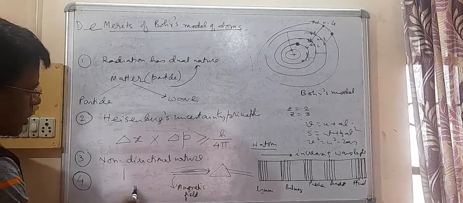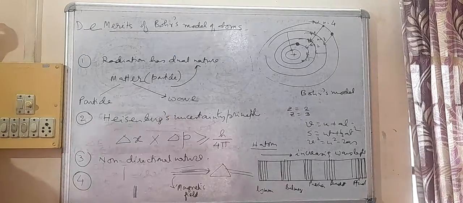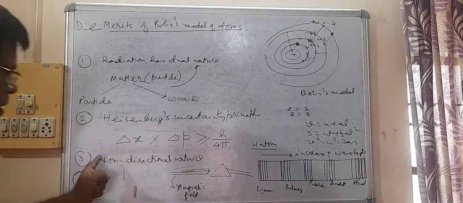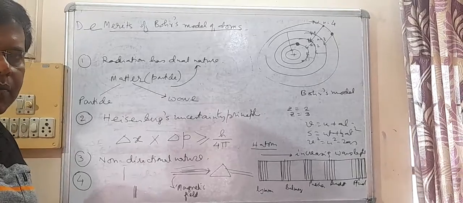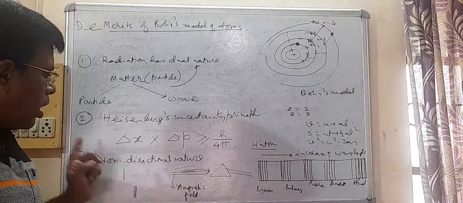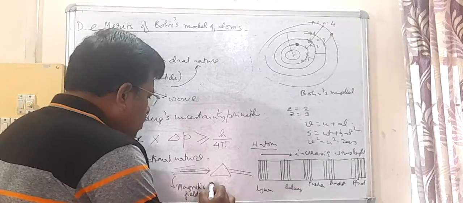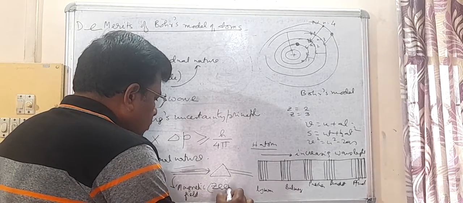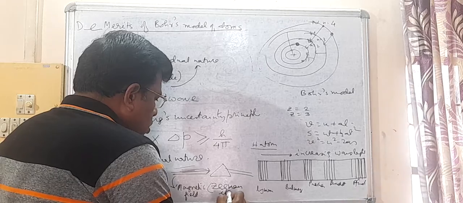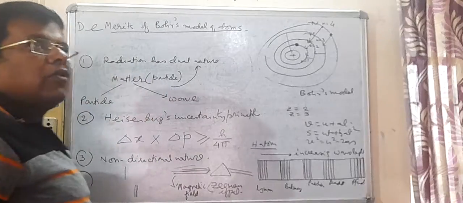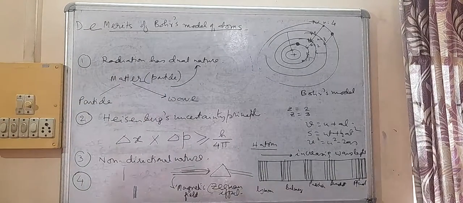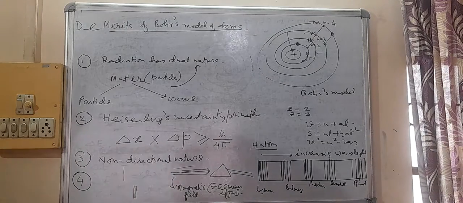Now, Bohr could not explain this splitting up of spectral lines in the presence of a magnetic field. The splitting up of spectral lines in the presence of a magnetic field is called the Zeeman effect. Bohr had no answer to the Zeeman effect.